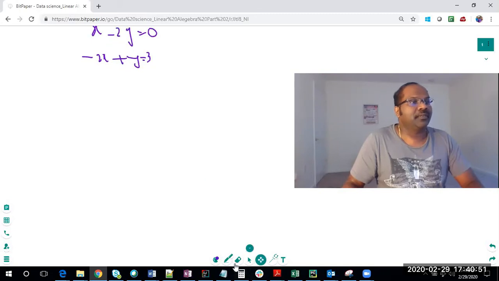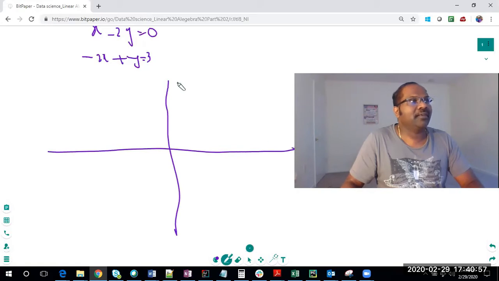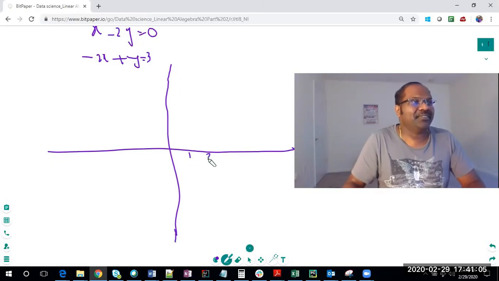Let me draw the y axis. This is y, and this is x. Pardon me, my handwriting is a little bad, but let's go together. So this is 1, 2, 3, then 4, 5. In the same way we'll write here also.